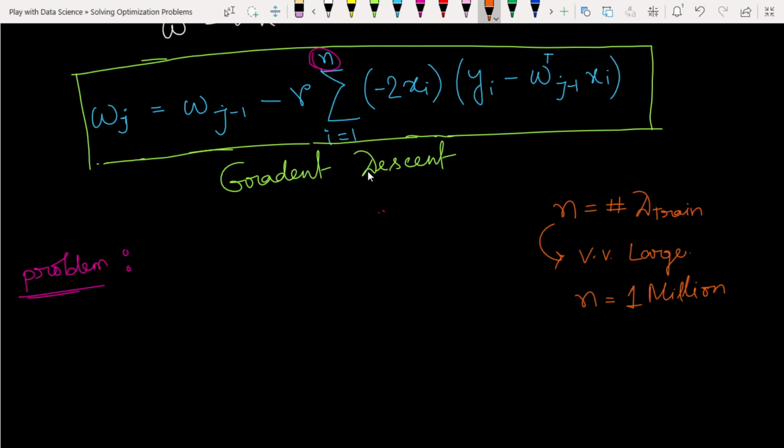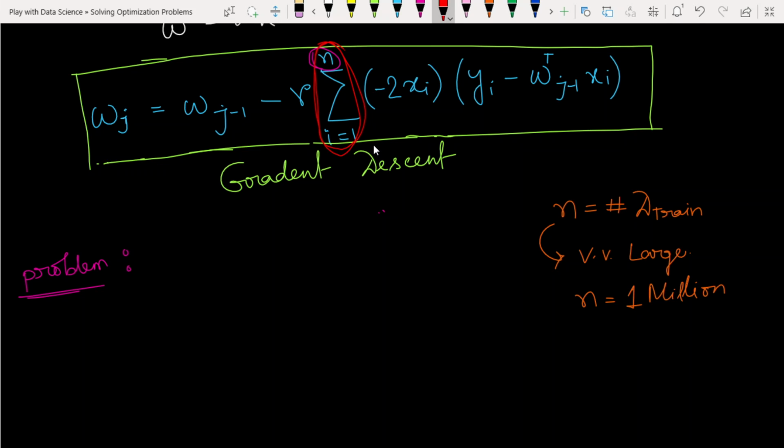Then what will be our problem? In every iteration we have to calculate over 1 million points. In every iteration, we have to sum over 1 to n, all the points. We need a huge amount of time and resources to calculate each iteration.